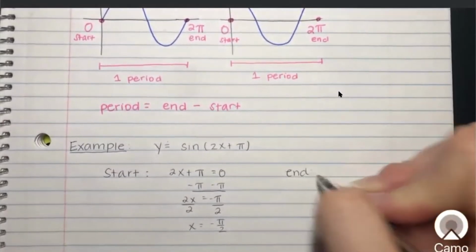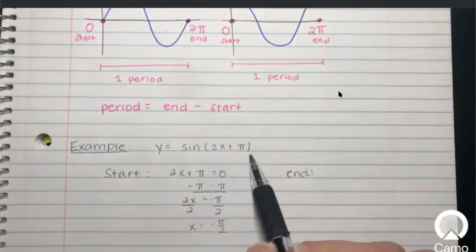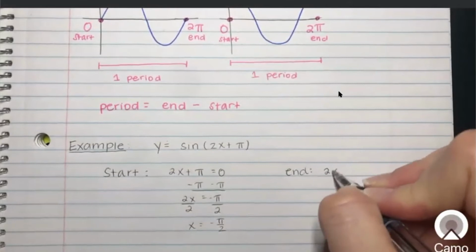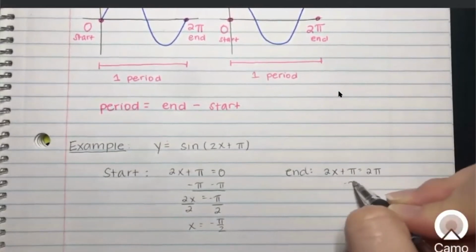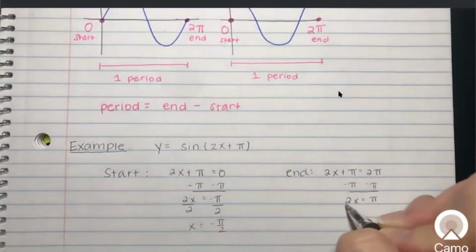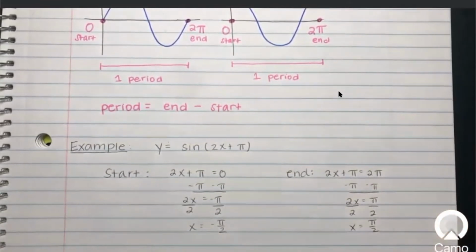And then we'll find the ending point by setting whatever's inside the function equal to our normal ending point in the parent function. So 2x plus pi equals 2 pi. We'll solve it just the same. 2x equals pi, and we get the ending point is positive pi over 2.